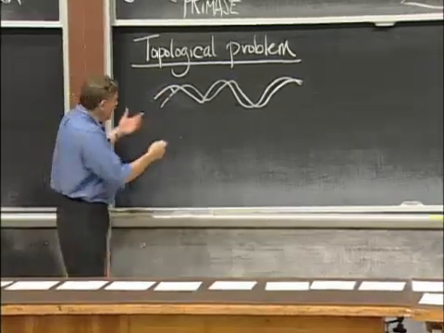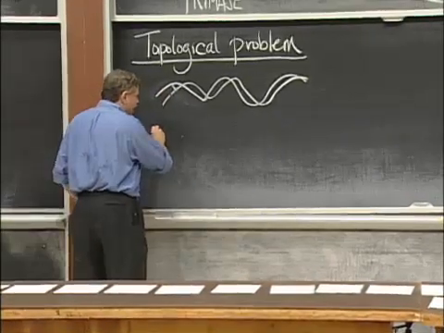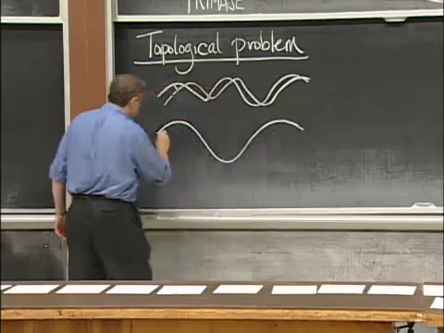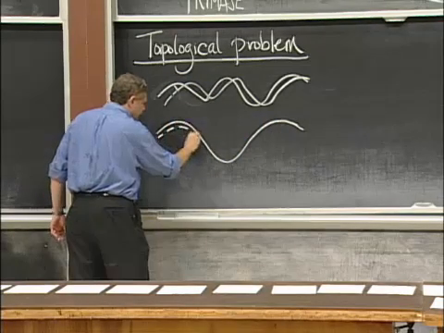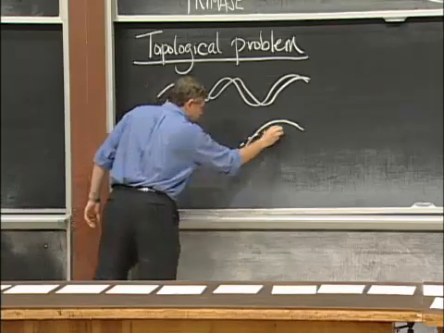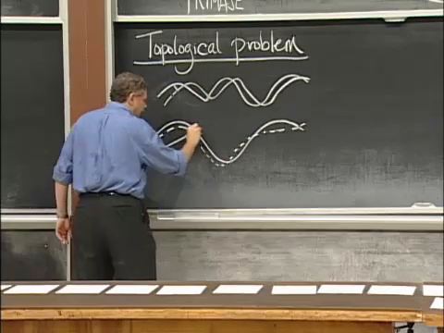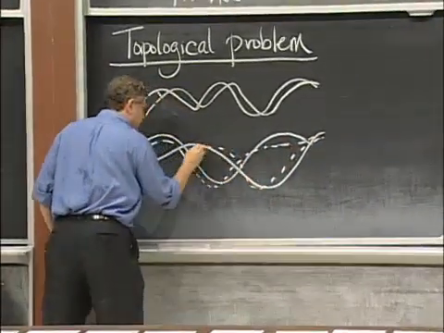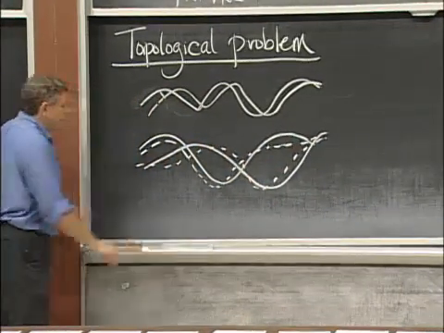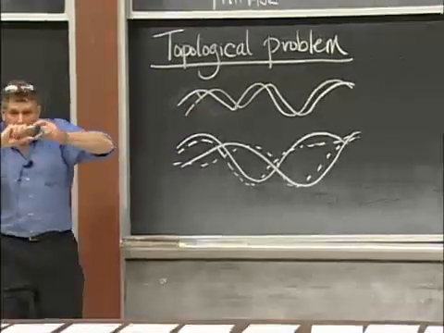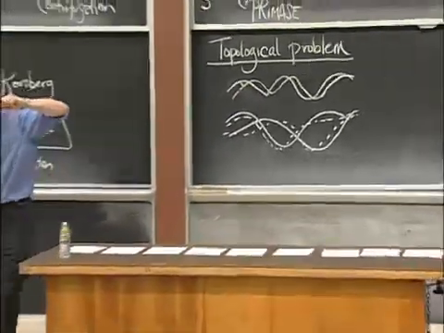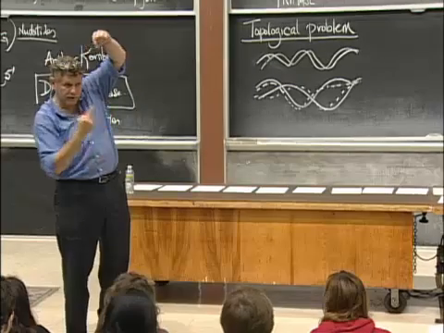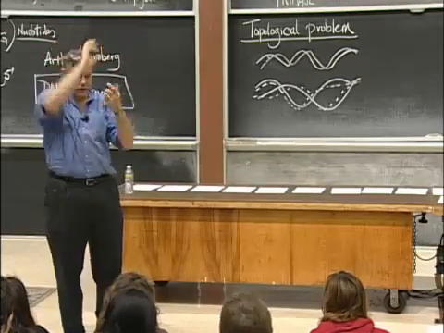I now want to copy that DNA. So I have one strand, and I'm copying it. I have this other strand, and I'm copying it. And remember, these two strands are wrapped around and around each other. One is going like this, one's going like that, and they're just wrapped around.